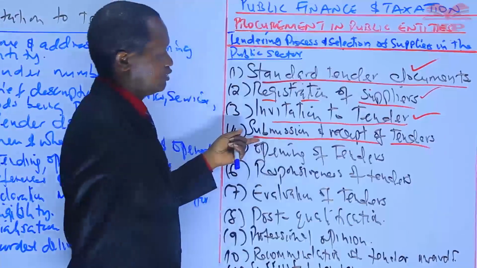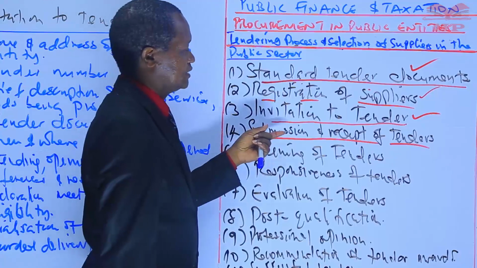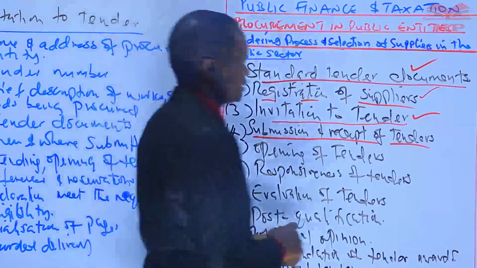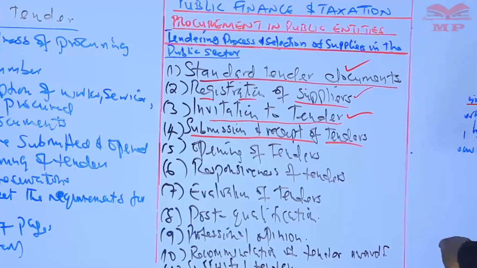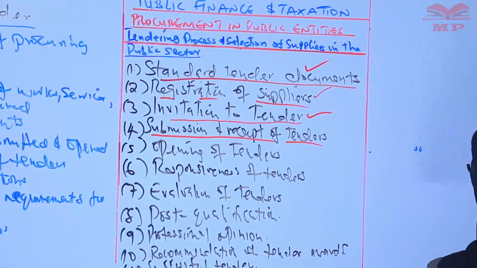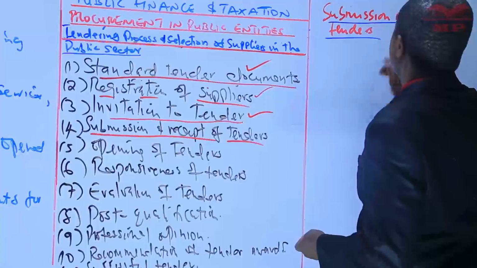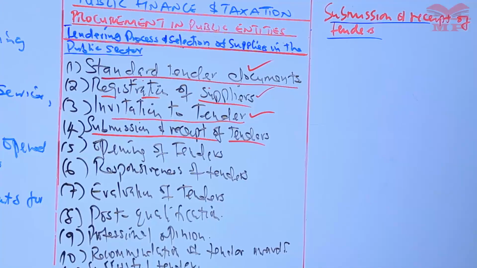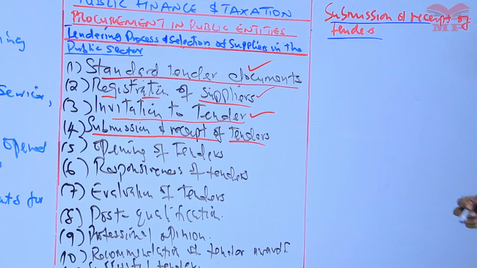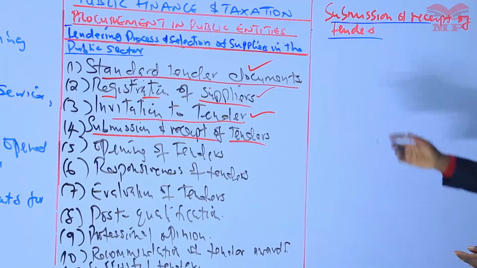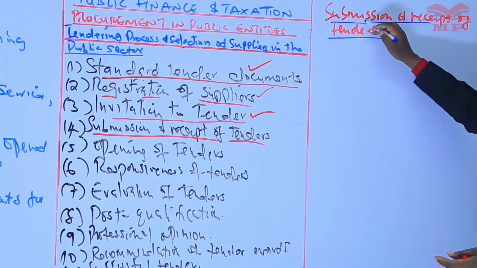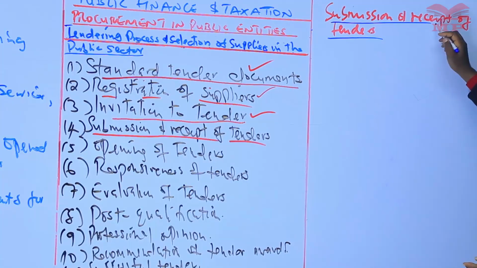Now we are moving on to the point on submission and receipt of tenders. After receiving the tender documents, the tenderers are required to submit, and the procuring entity is expected to receive the tenders.